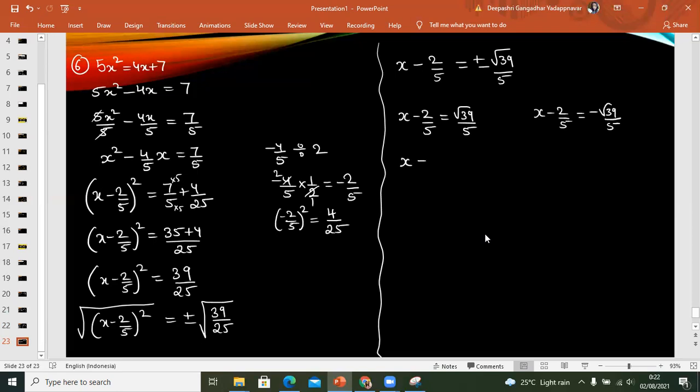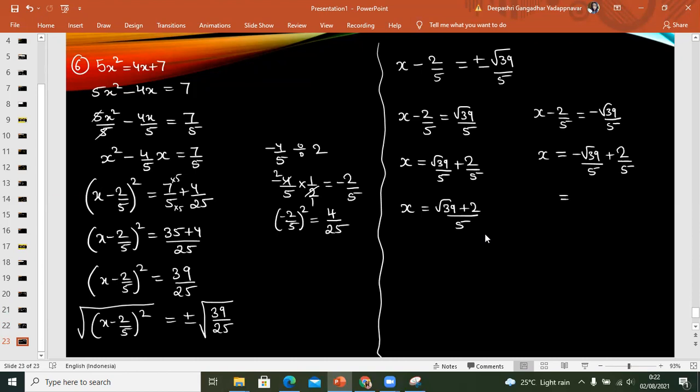Find the x value. Root 39 divided by 5. Bring this negative 2 by 5 to the other side, positive 2 by 5. x equals root 39 plus 2 divided by 5. This is the answer. On the other side, x equals negative root 39 divided by 5. Bring this to the right side, it will become positive 2 by 5.